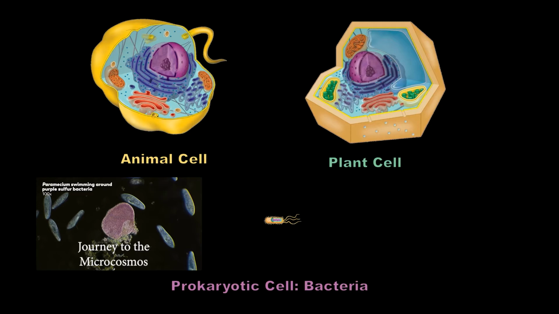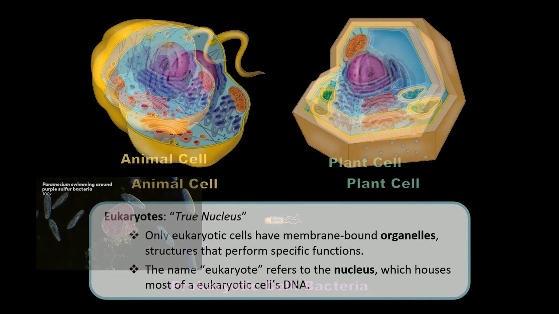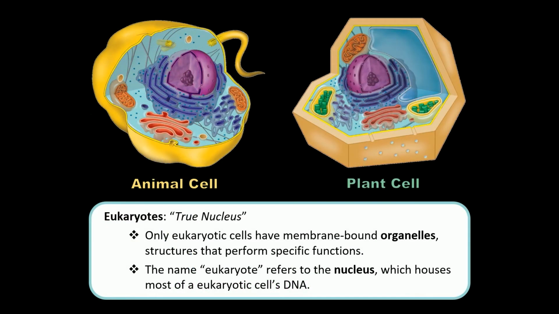There are thousands upon thousands of these bacterial cells in this mass, and compared to them, the single-celled eukaryotic organisms are really big. So check that video out, the link is in the description.